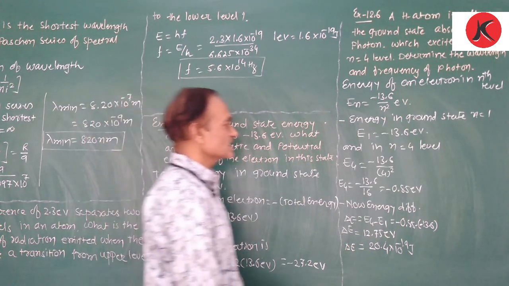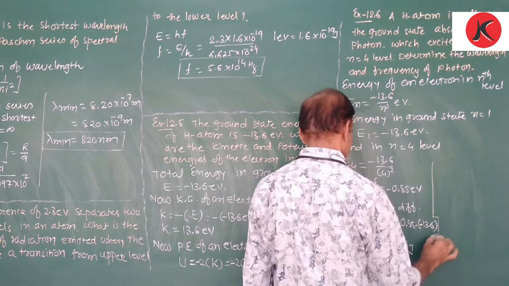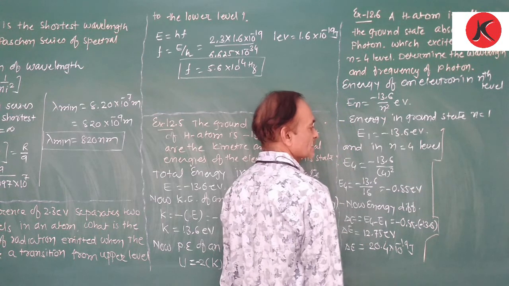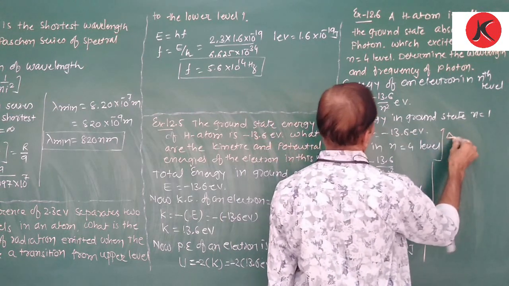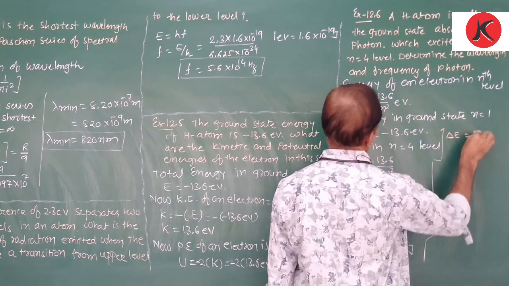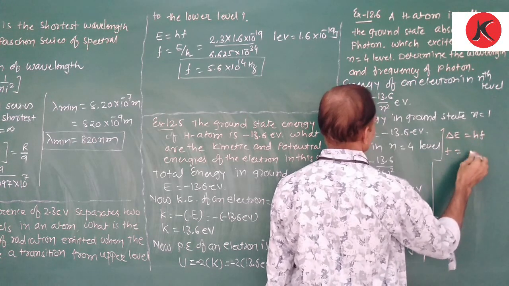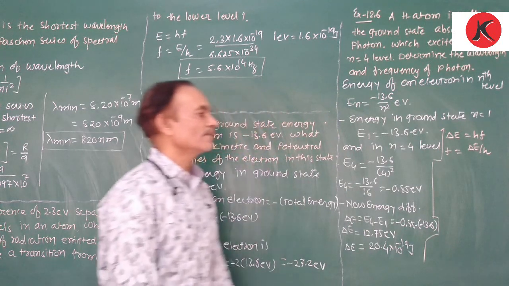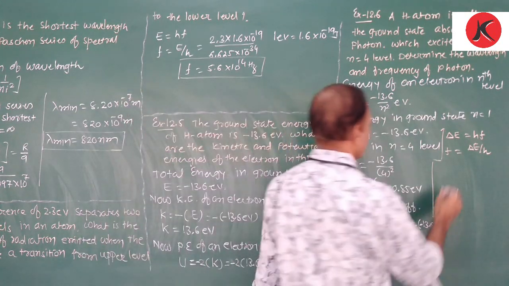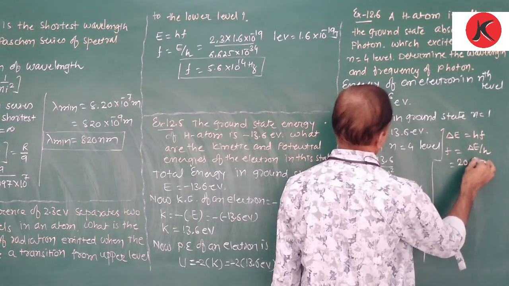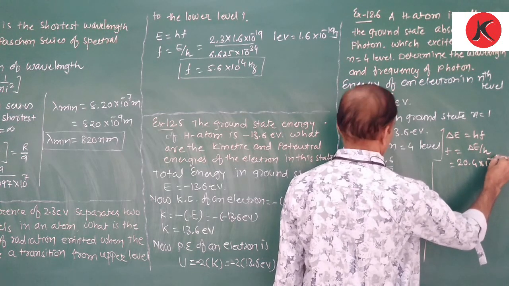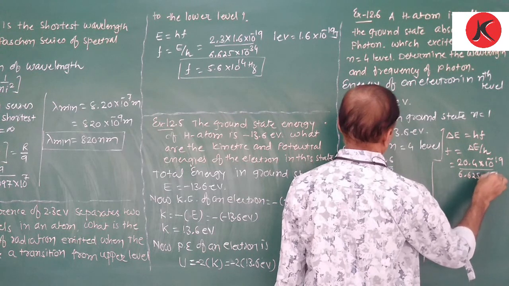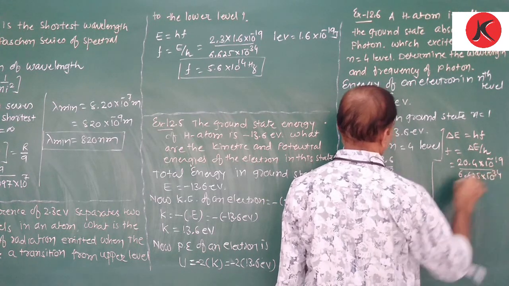Now, the frequency of the radiation of the photon: delta E is equal to hf. Therefore, f is equal to delta E upon h. Delta E we already obtained, 20.4 into 10 raised to minus 19, upon h, 6.625 into 10 raised to minus 34.